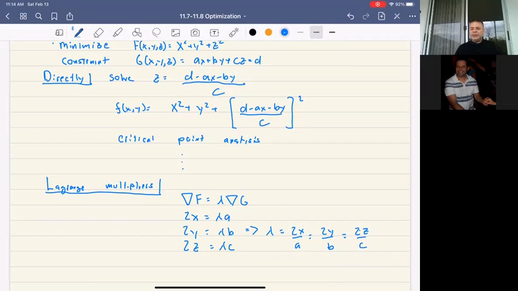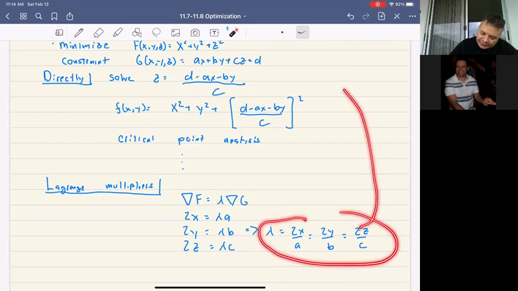Okay, so we don't actually need to find lambda, but we need to see that the fact that it's the same is going to give us this. Okay, so now let's plug these values back in to the equation of the plane.